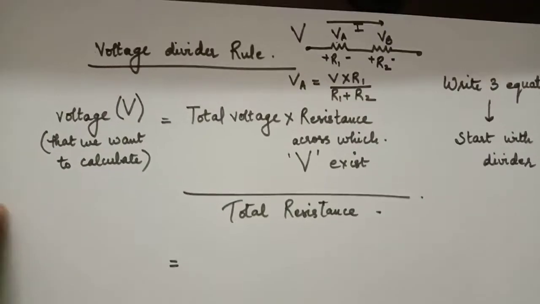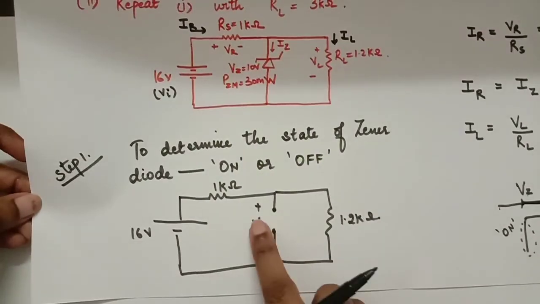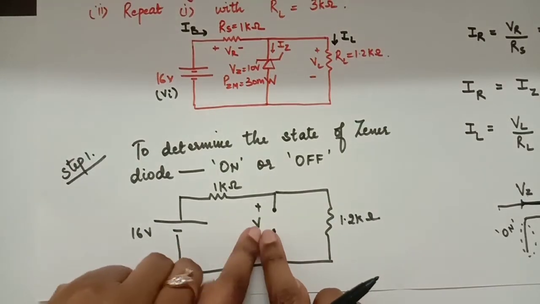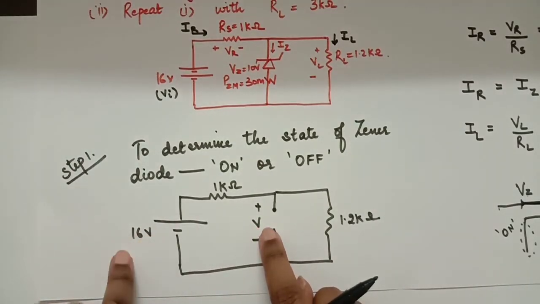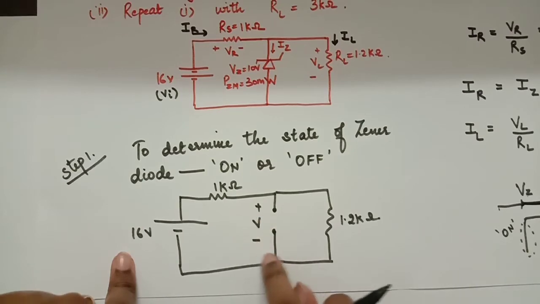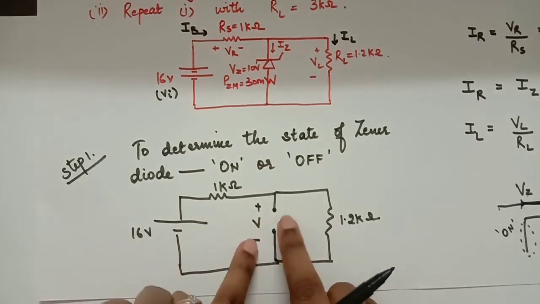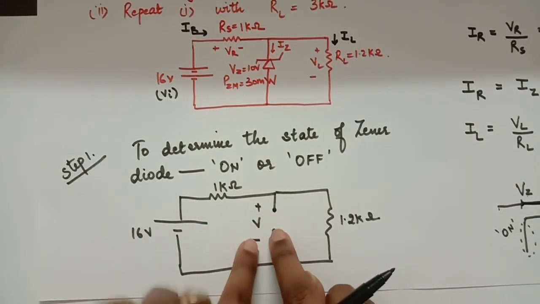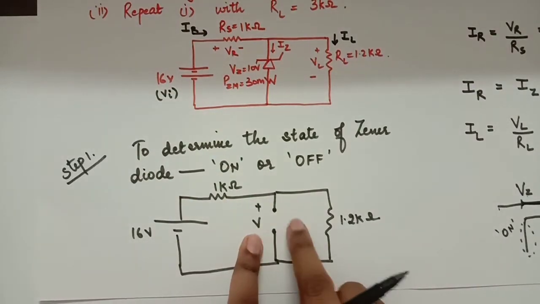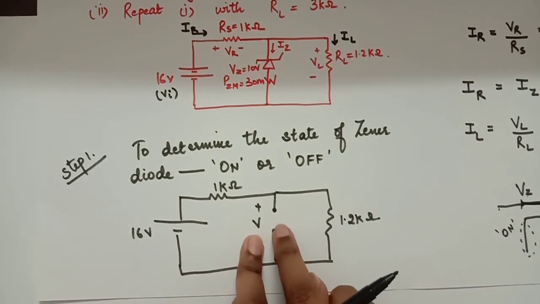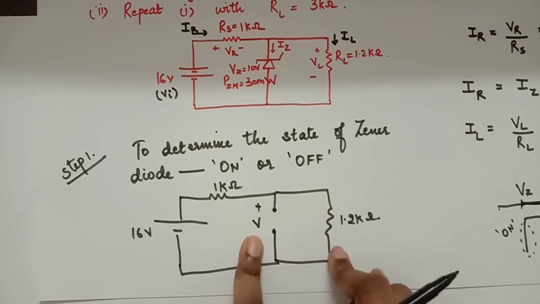Now, which voltage do we want to calculate? We want to calculate this V. So V equals the total voltage, 16 volt, into the resistance across which this exists. Now there was no resistance when you removed something from here. There was a diode, but do you know that in parallel the voltages remain constant?